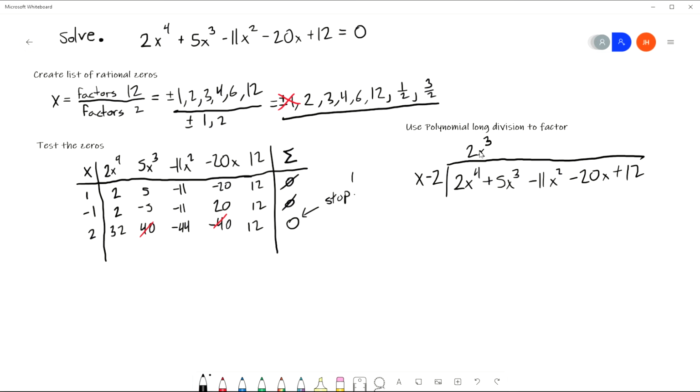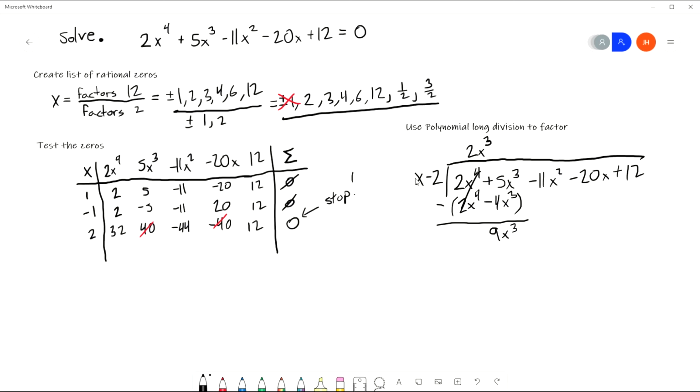So this 2x cubed times x is 2x to the 4, times minus 2 is minus 4x cubed. And we subtract it. These guys will cancel. 5 minus minus 4, that's plus. So 5 plus 4 is 9x cubed.